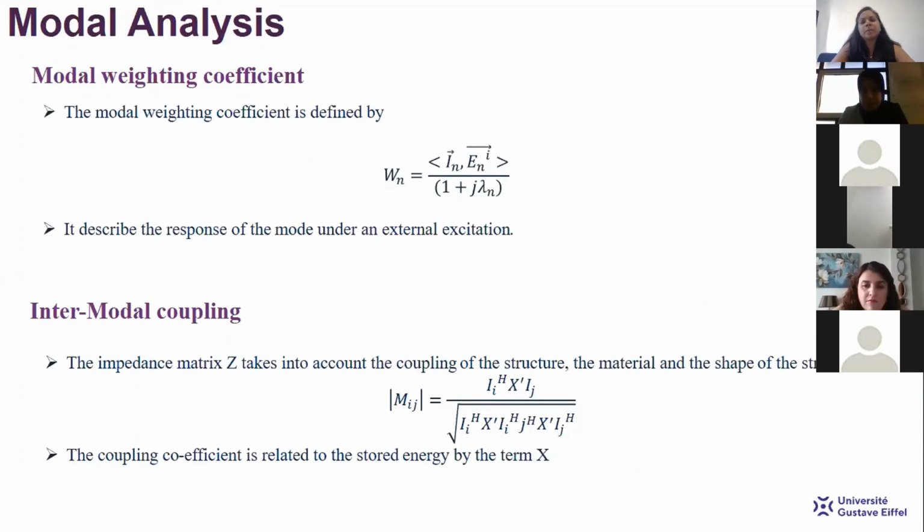Okay, then aren't the currents between different modes supposed to be orthogonal? Sorry, I didn't get the question. Orthogonal. Like when I is not equal to J, aren't M, I, J supposed to be 0? Yeah, I and J, they are different.